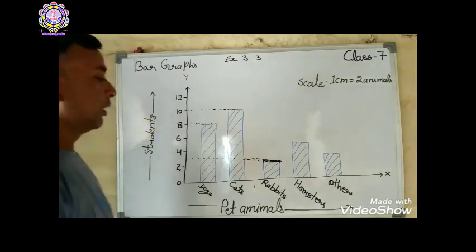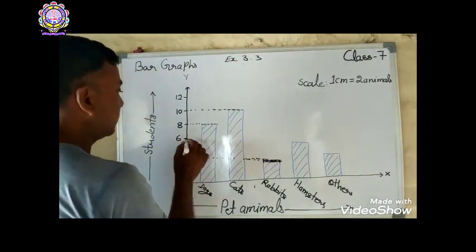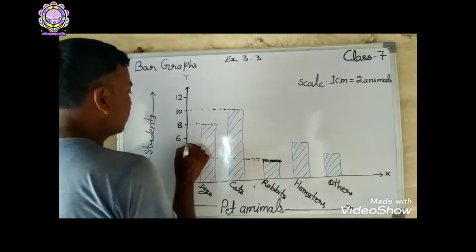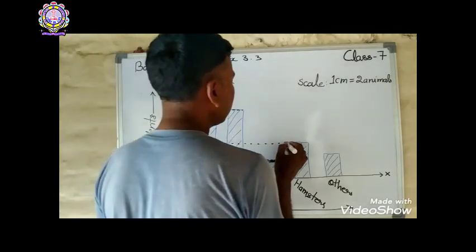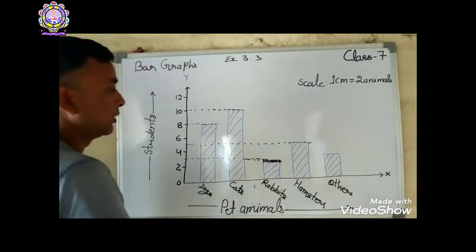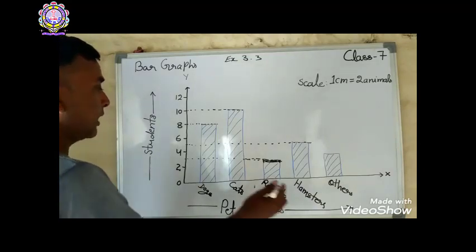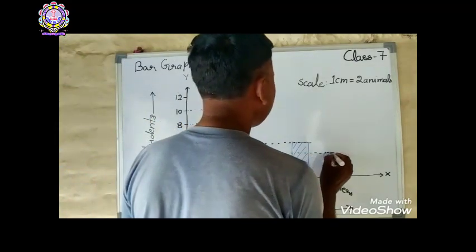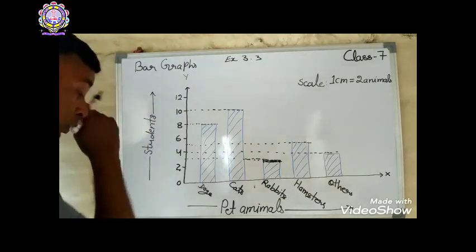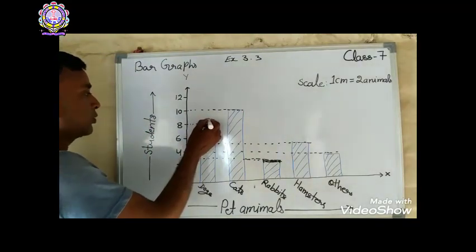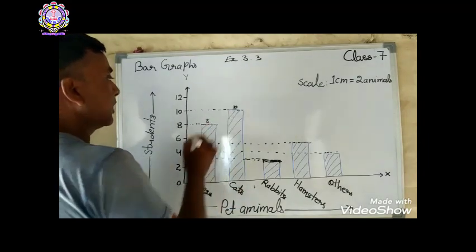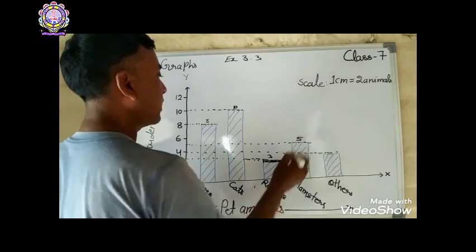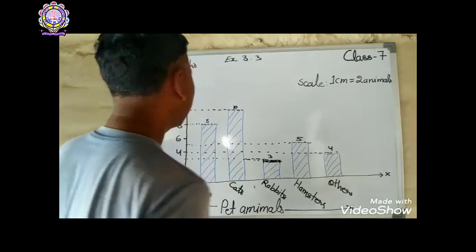Hamster, yes, 5. And others, four. So first you write: dogs 8 students, cats 10 students, rabbit 3 students, hamster 5 students, and others 4 students.